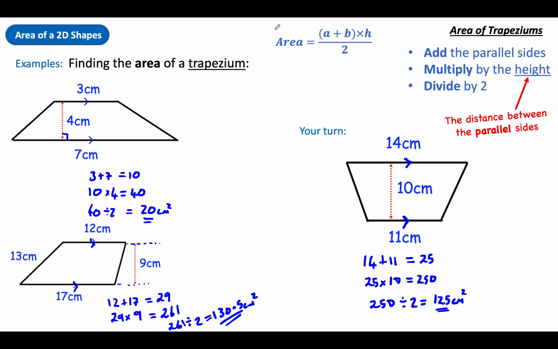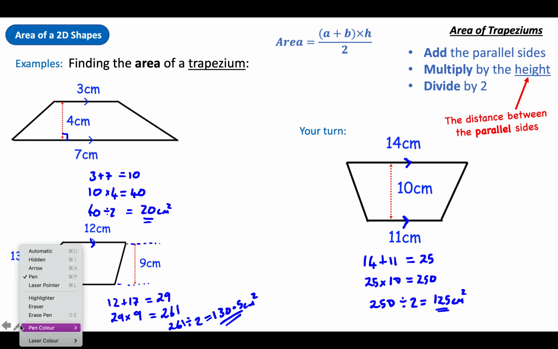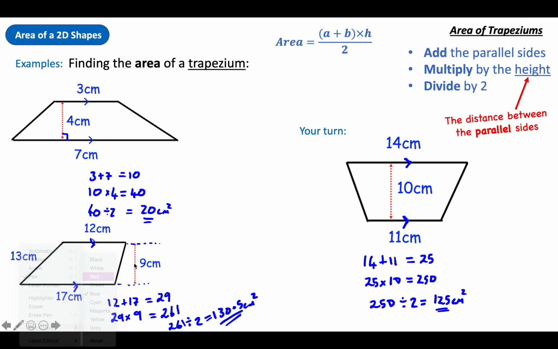Okay, I just want to talk about this formula a little bit before I move on. Because if you want to put it in a calculator, you can just put it straight in as a big fraction. So that last one, I would have opened up a bracket and done 14 plus 11. Putting that in a bracket means that calculates first.